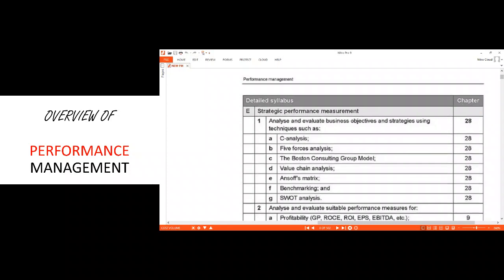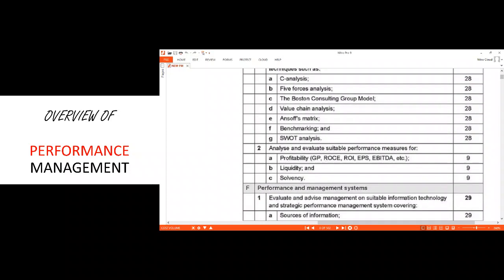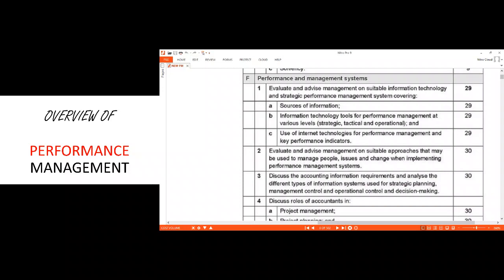Then we will move on to analysis and evaluation of performance measures like profitability, liquidity, and solvency, to mention but a few. Then the last but not the least part of the performance management as a course, we are going to be looking at, evaluating and advising management.